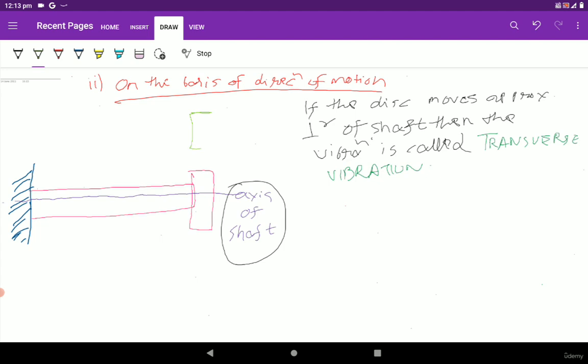The disc moves perpendicular to the shaft. If it is going up, then it will look something like this. And if it's going down, then it will look something like this. So this is the representation of transverse vibration.